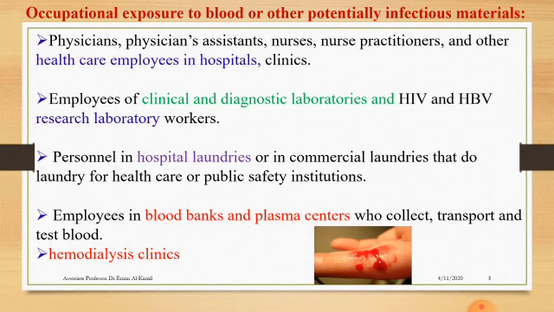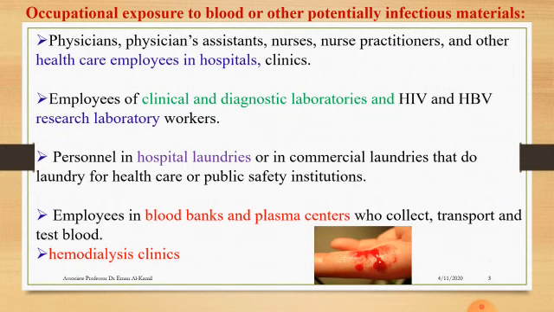It also includes people who are working at hospital laundries or in commercial laundries that do laundry for healthcare or public safety institutions. Also included are people working at blood banks and plasma centers who collect, transport, and test blood.